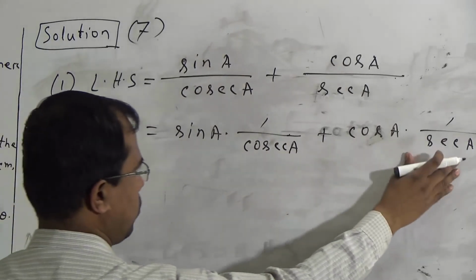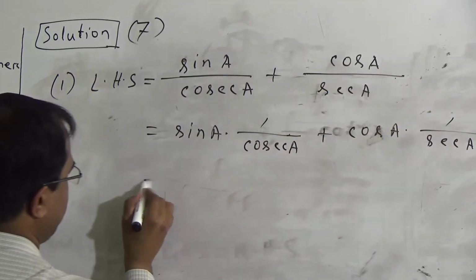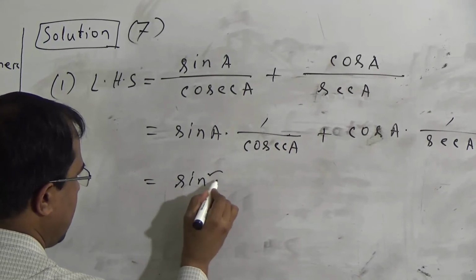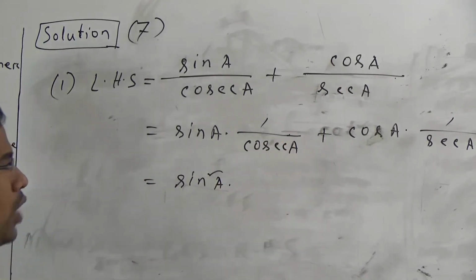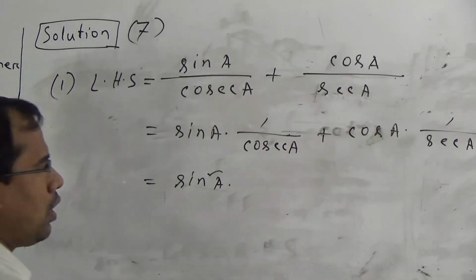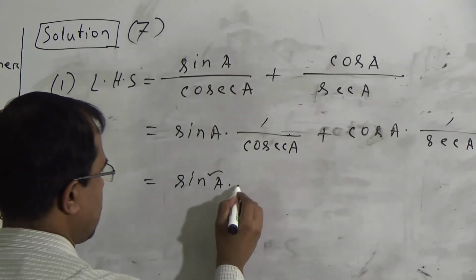If we multiply cos A with 1 by sec A, then we can get it. Now sin A into, we know that 1 by cosec A is equal to sin A because sin is the opposite ratio of cosec.